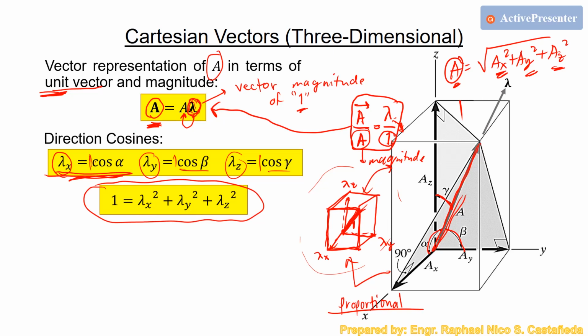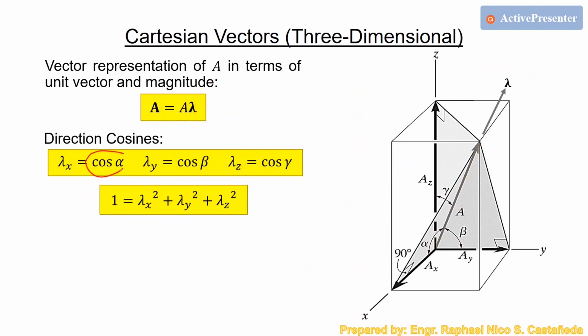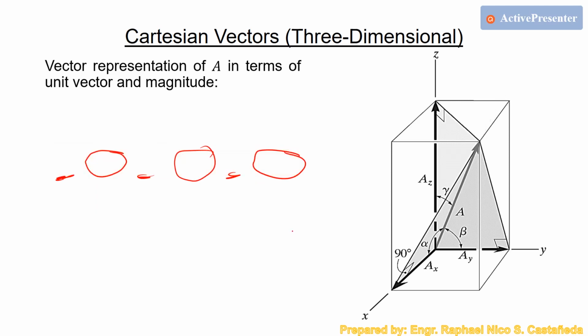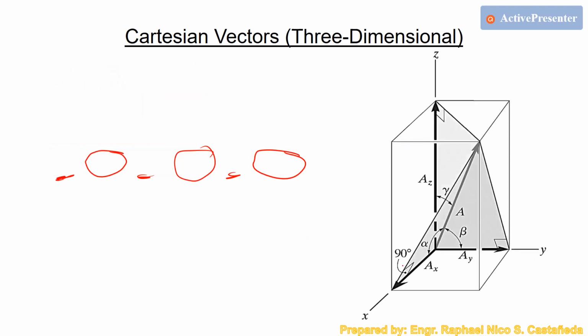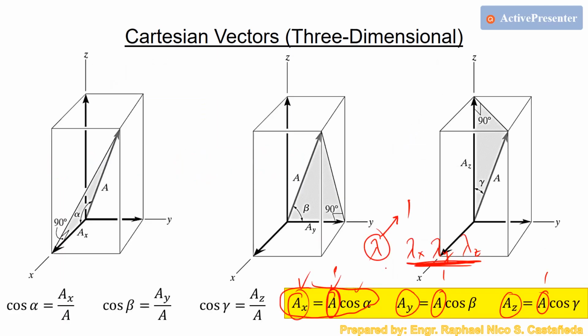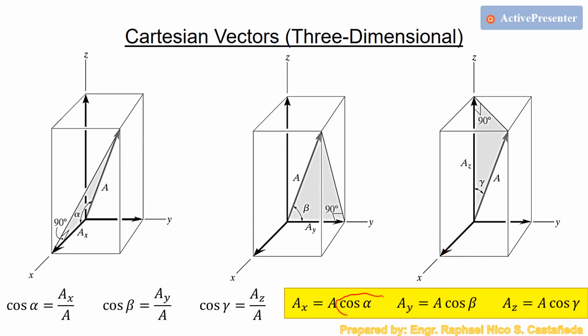Then, if we take advantage of this formula, cosine theta is lambda X, cosine beta is lambda Y, cosine gamma is lambda Z. If we use that in our previous drawing, we can replace this one with lambda x, this one with lambda y, and this one right here with lambda z.